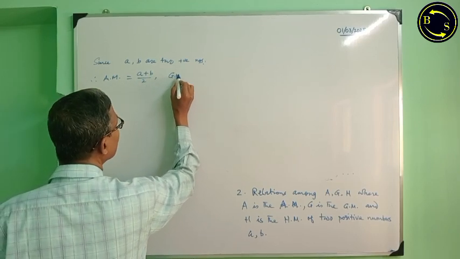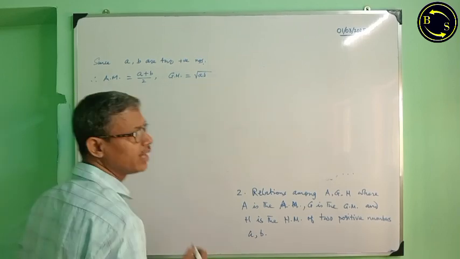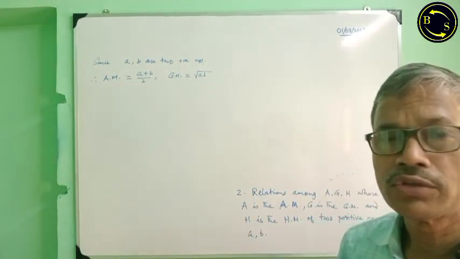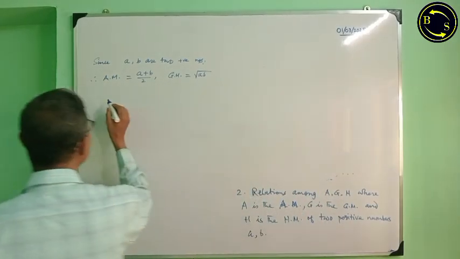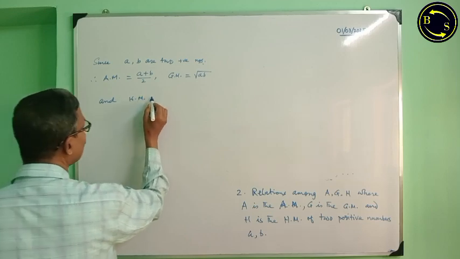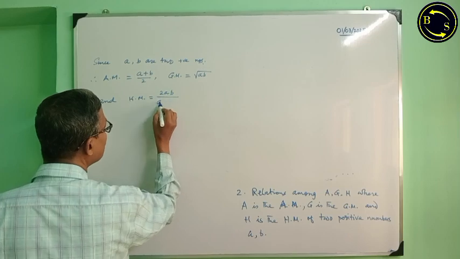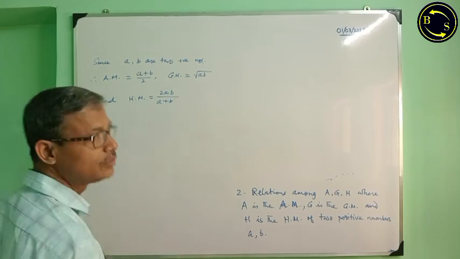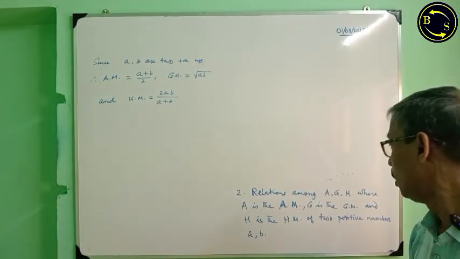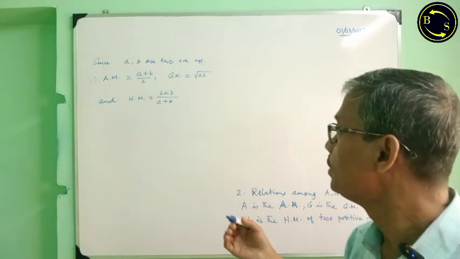GM is equal to root over AB. As I have taken A, B positive numbers, therefore for geometric mean we have to consider the positive value, and HM is equal to 2AB by A plus B. Already I have reduced that. Now I am going to find the relation among AM, GM and HM.